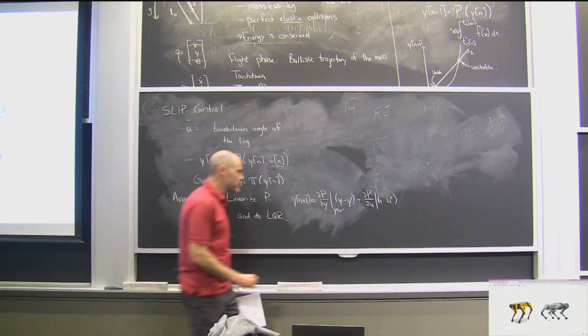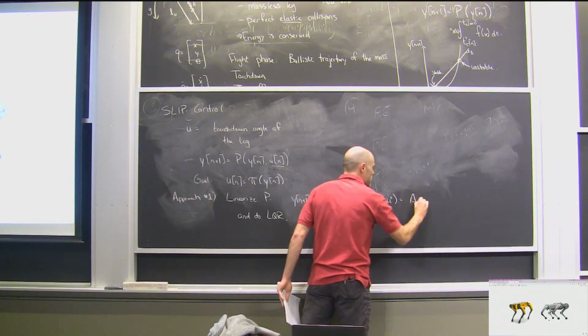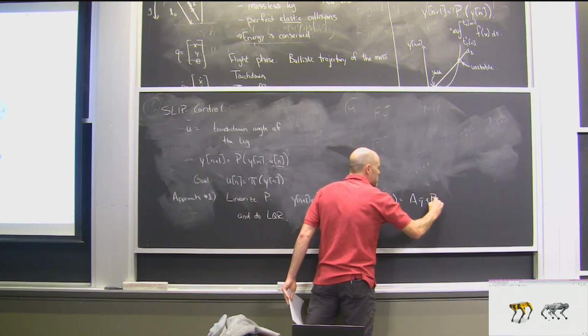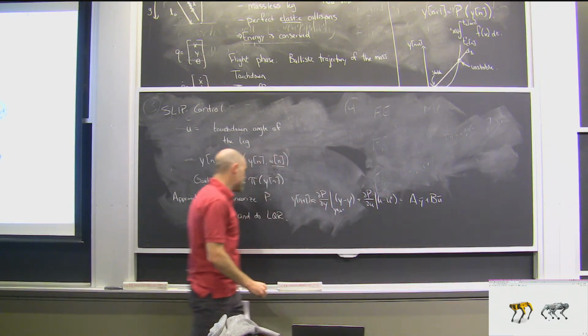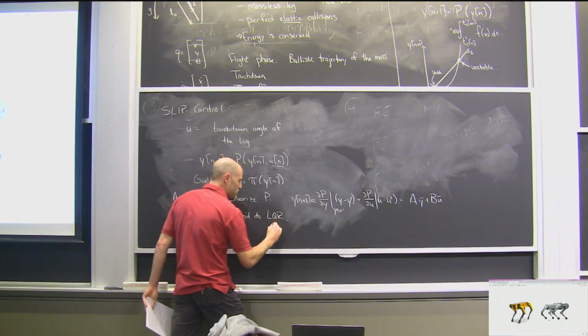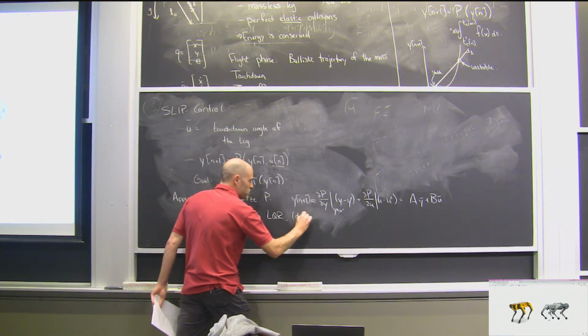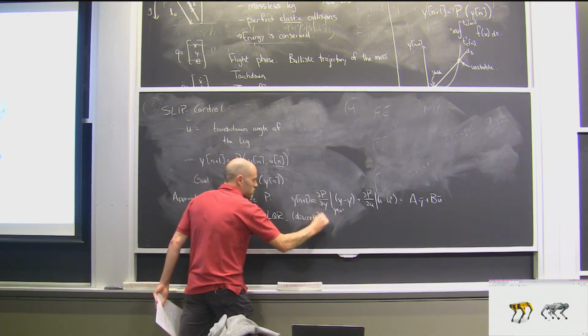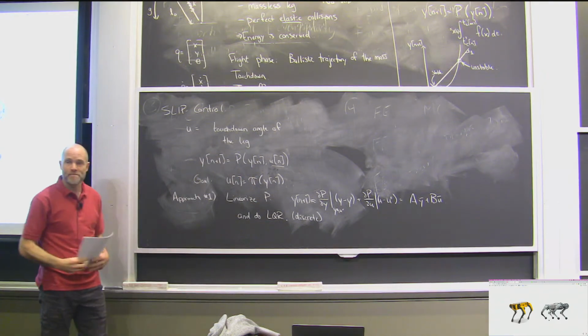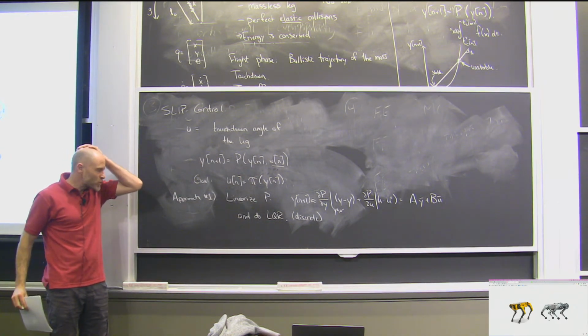This is just a y bar plus b u bar. This would be discrete LQR. I want to make sure you realize that you can do that.